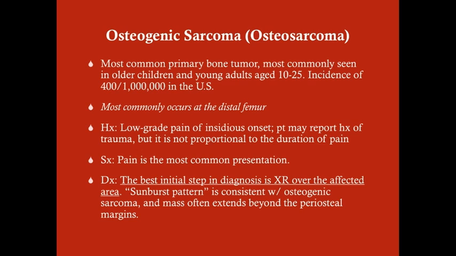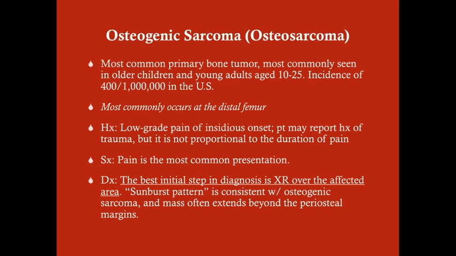The history is going to be quite similar to patients with Ewing sarcoma. It's going to be that low-grade pain, insidious onset. A lot of times it's very difficult for the patient to tell you when the pain started because it was so long ago. Sometimes the patient can report a history of trauma.